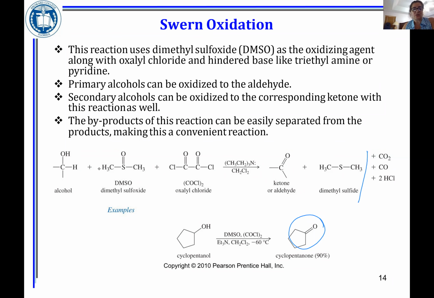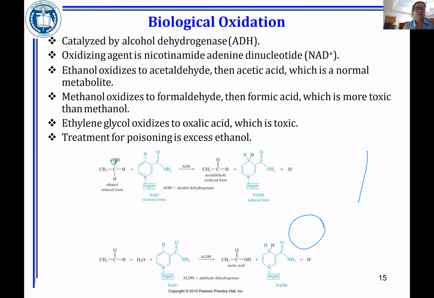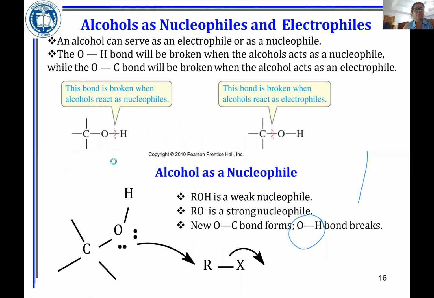So just like acetone, this is a polar aprotic solvent that can be reduced also in the process. Other reactions of aldehyde. Any questions for me before I move on?